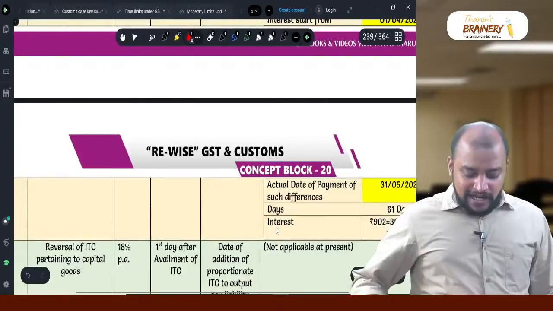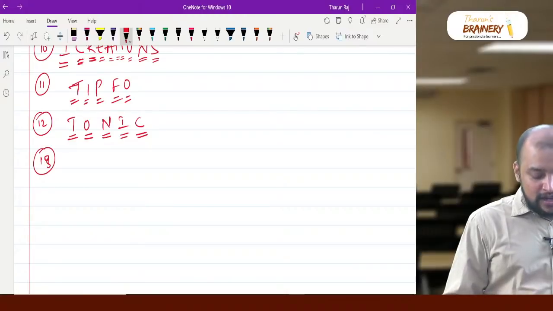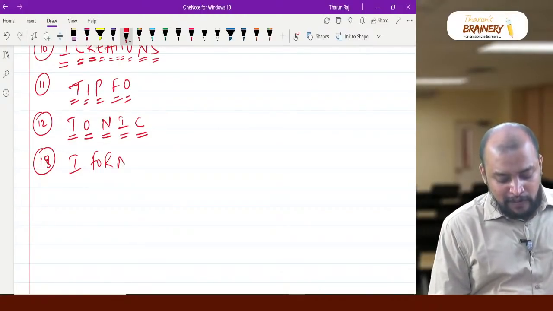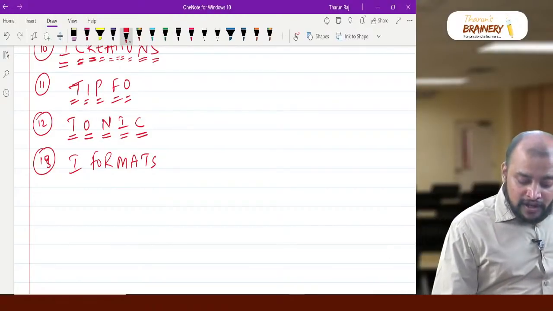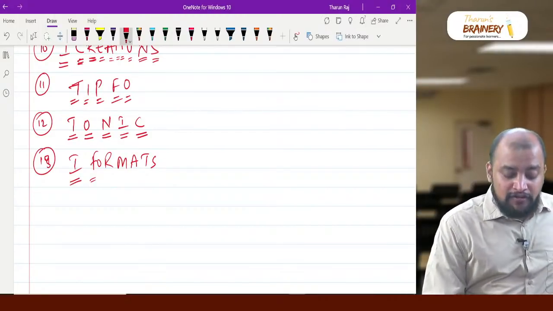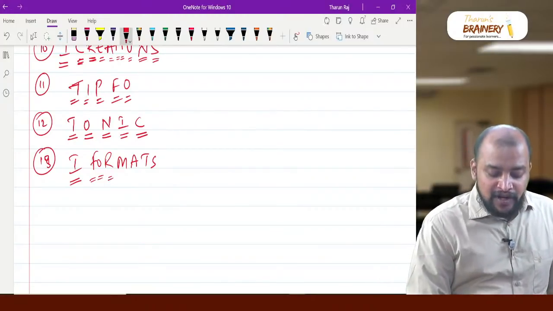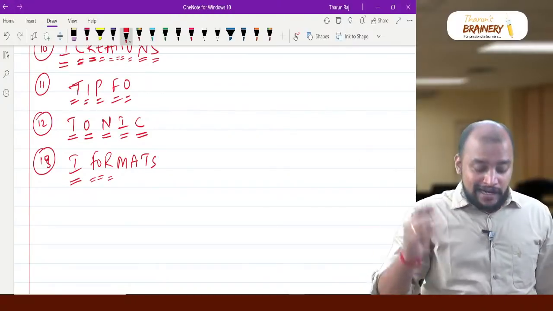Then assessment, accounts and records. What are the various accounts and records to be maintained? Remember, for various accounts and records we have IFORMATS. These are the various accounts and records to be maintained. I for inward supply, F for foreign trade, import and export, O for outward supply, R for RCM supplies, out of inward supplies and outward supplies, so we need to separate RCM supplies.